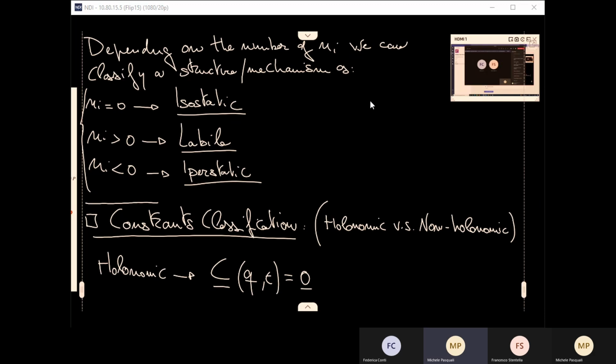Okay, please note that this is a vector equaling to another vector. Okay, this is a column vector equaling to a column vector. What is the dimension? Is basically NC times 1, where NC is the number of constraints, right?